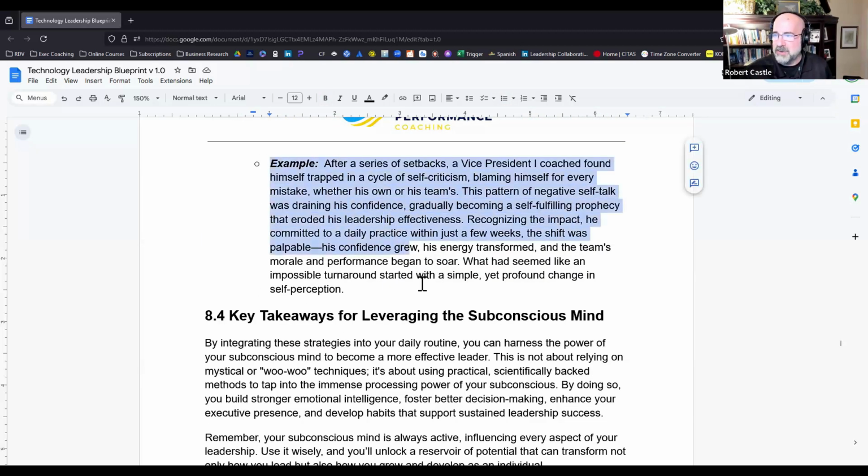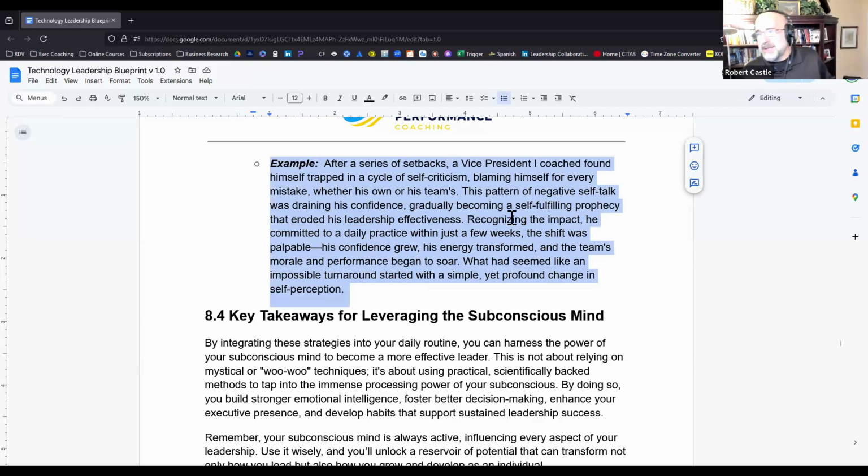So here's an example. After a series of setbacks, a vice president I coach found himself trapped in a vicious cycle of self-criticism, blaming himself for every mistake, whether his own or his team's. And this pattern of negative self-talk was draining his confidence and gradually becoming a self-fulfilling prophecy that eroded his leadership effectiveness.